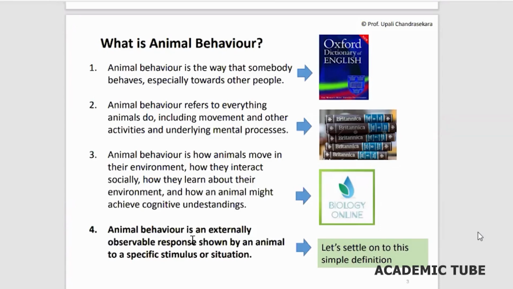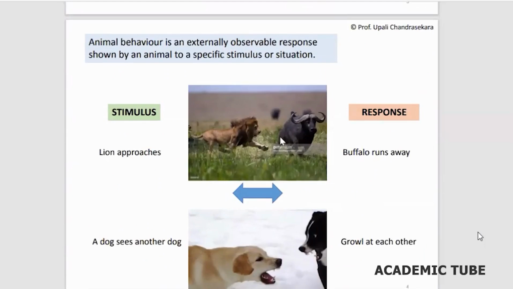Now, I'll show you some examples. Here what you see is a buffalo running away from a lion. Do you see this photograph? Yes, sir. Okay.